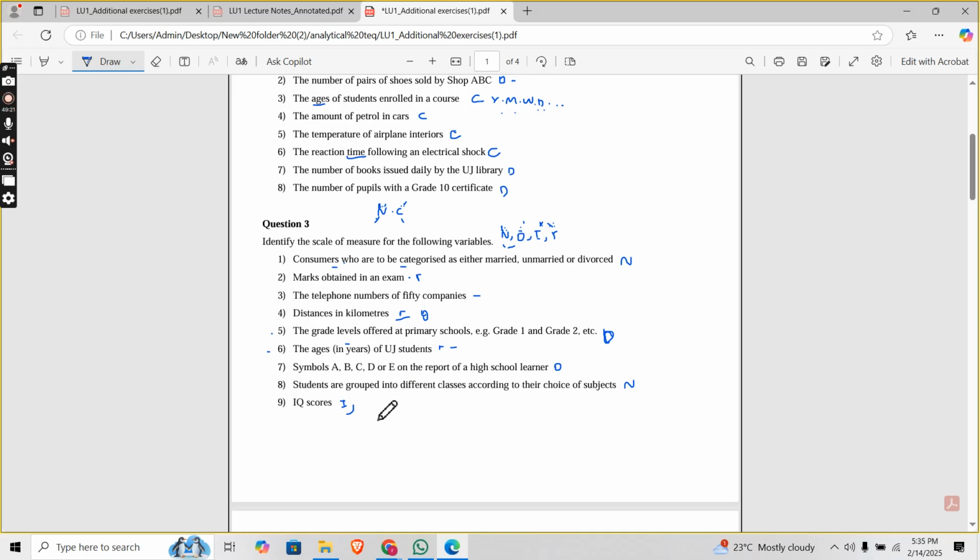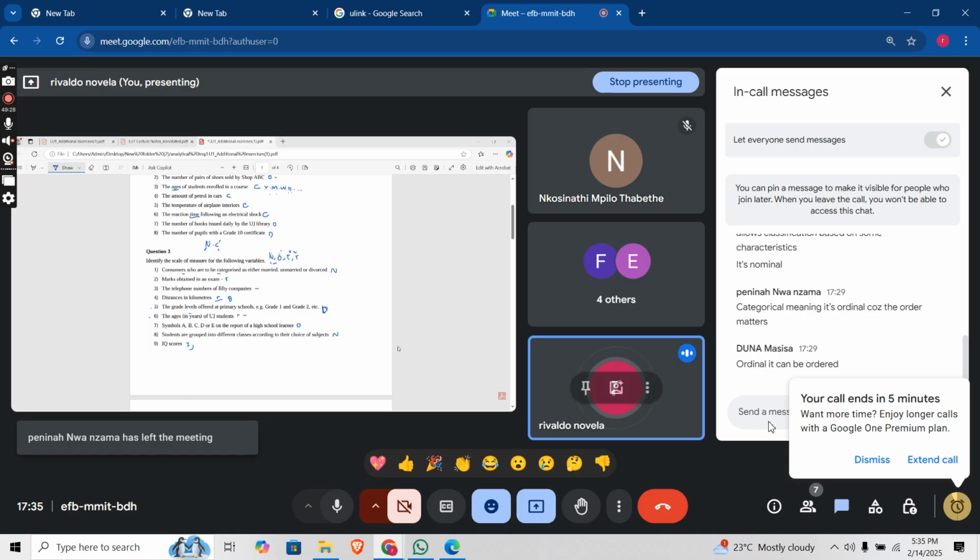It's because the things that they use to measure are not accurate to the extent that they can tell you exactly the difference between 10 and 20 IQ scores. So 20 just tells you that this person is smarter than that one, but does not accurately tell you that person is twice as smart as the other person.